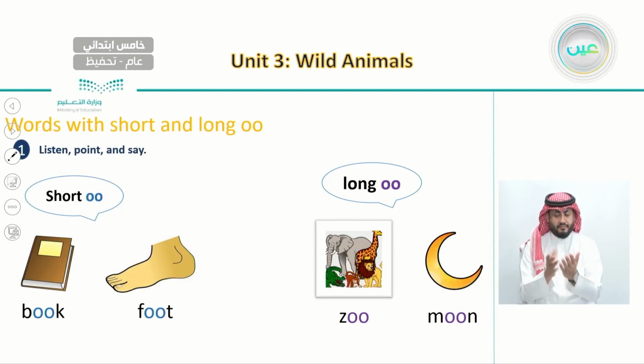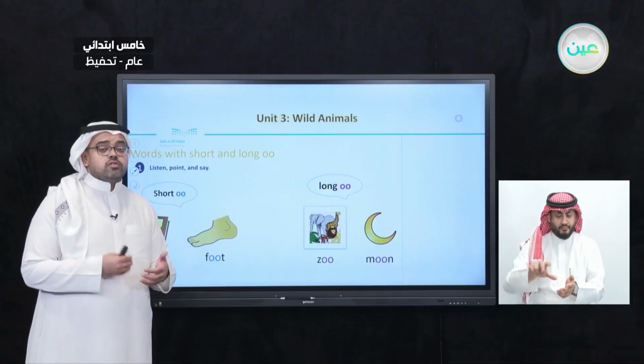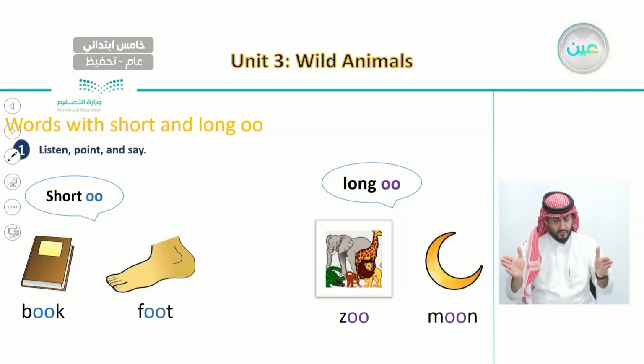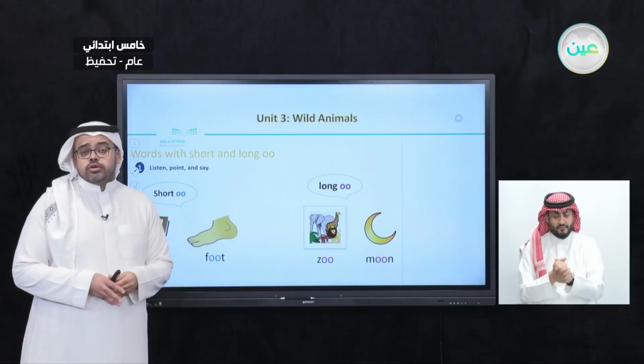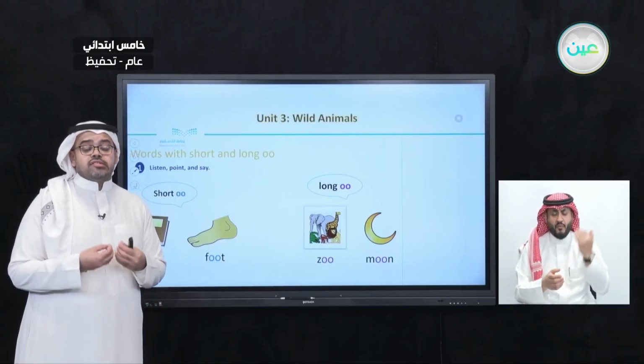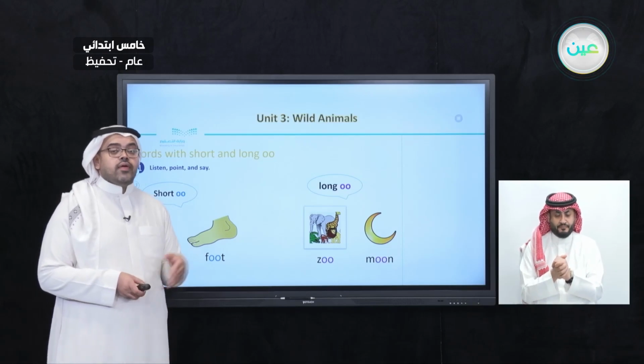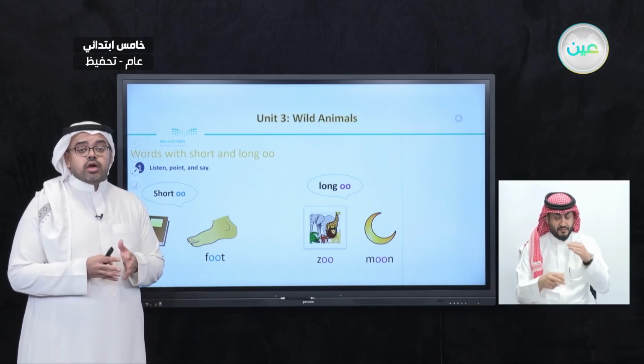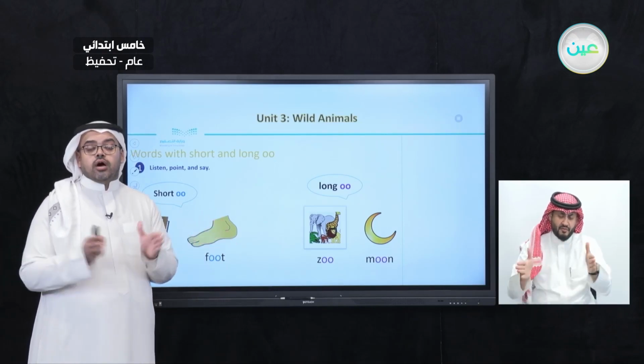Now, on page 37, as you can see, we're going to practice words that have what we call the short double O and long double O. As we learned in a previous lesson, sometimes we can see letters that have different sounds, and sometimes they are long and sometimes they are short.